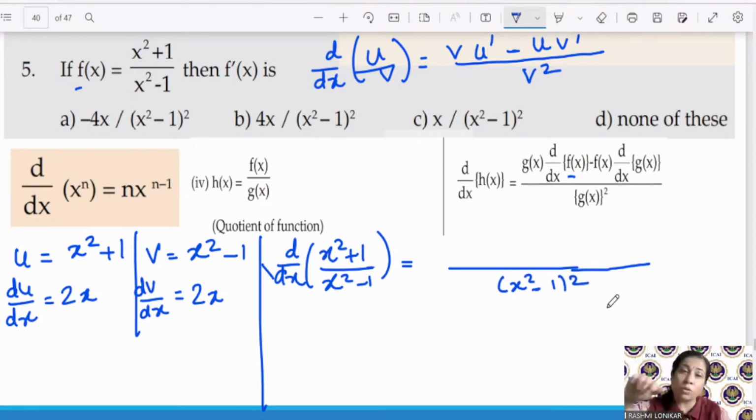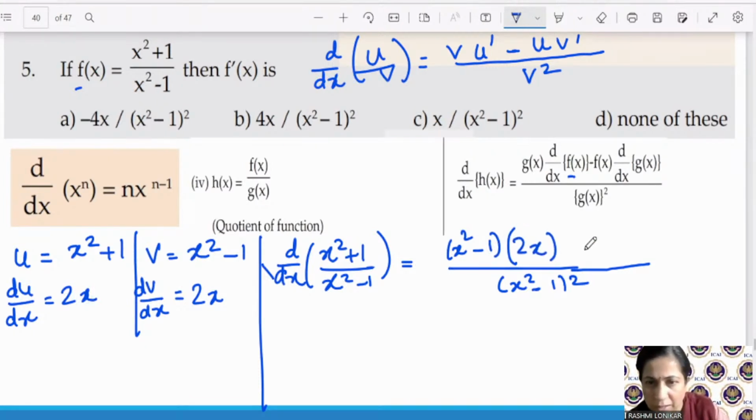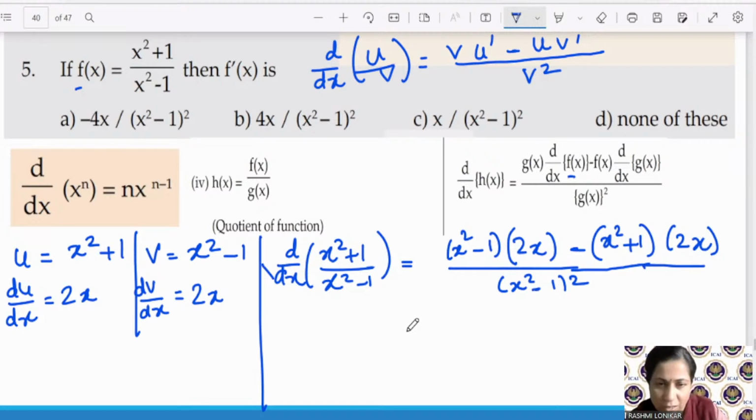Okay, don't forget to square the denominator. Then x square minus 1 into du by dx, it is 2x, minus first function. First function is x square plus 1. X square plus 1 into derivative of the second function, which is also equal to 2x. In this question, it has happened. Both are 2x. This is equal to upon x square minus 1 the whole square.